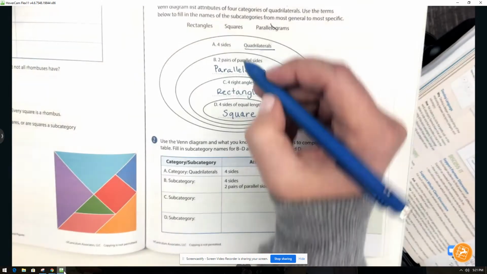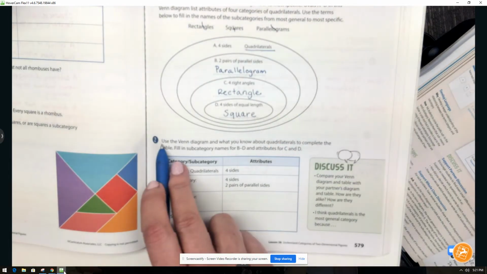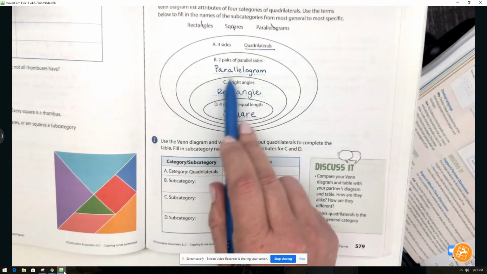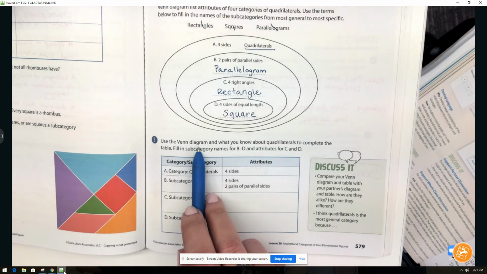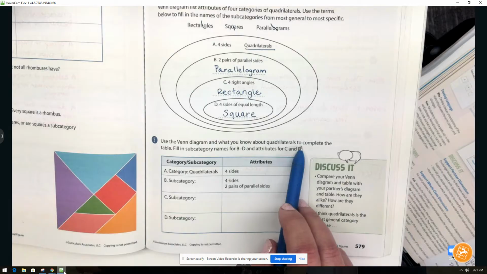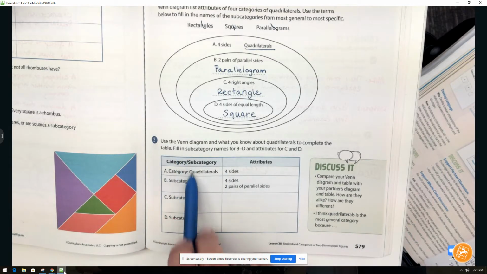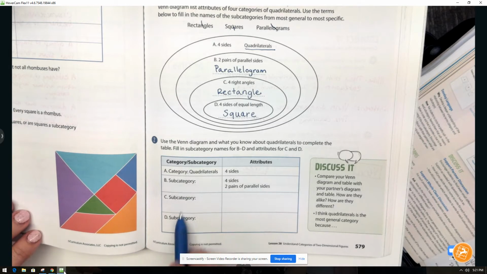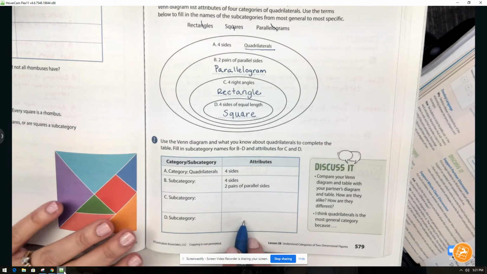Now, when we're looking at number 2, it says, using this Venn diagram and what we know about quadrilaterals, complete the table. We're going to fill in the subcategory names for letters B through D. And so we're going to do the subcategories and then write their attributes.